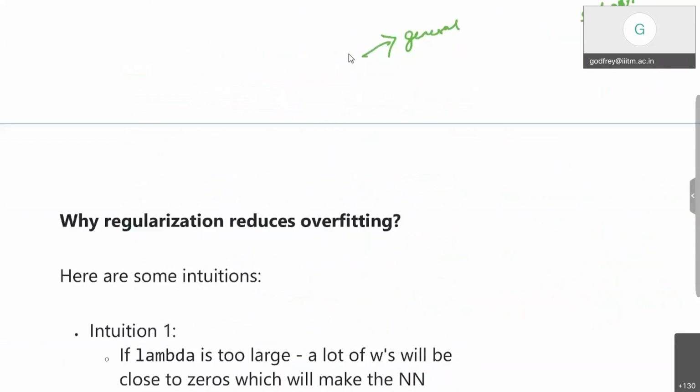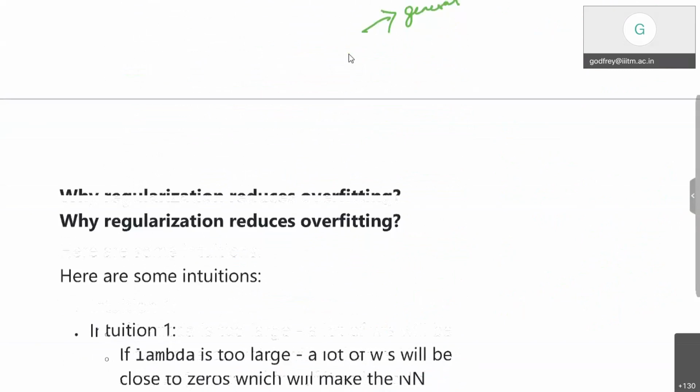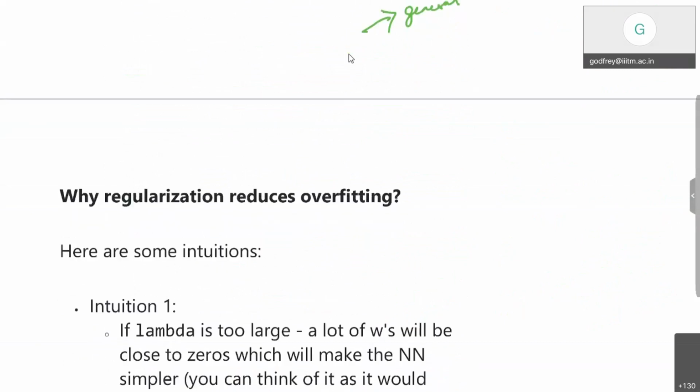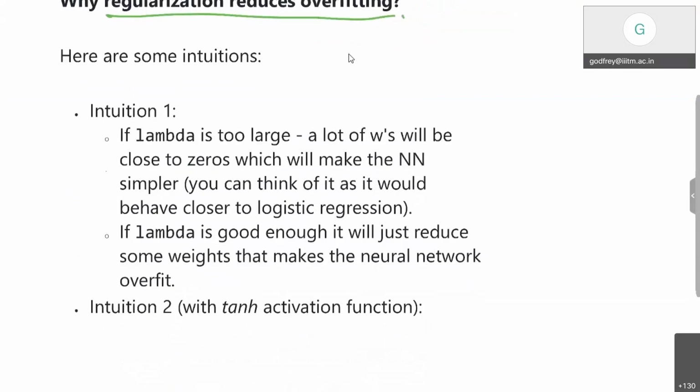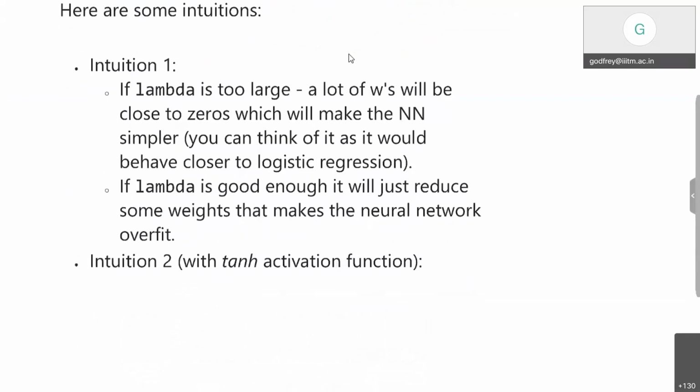So next thing that we see is the intuition behind regularization. If the lambda is too large, a large number of W's will be reduced, as just discussed.